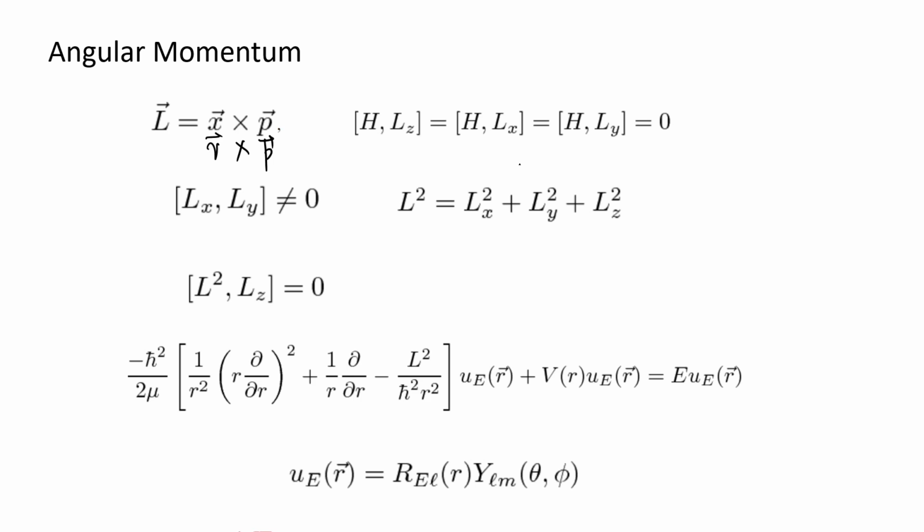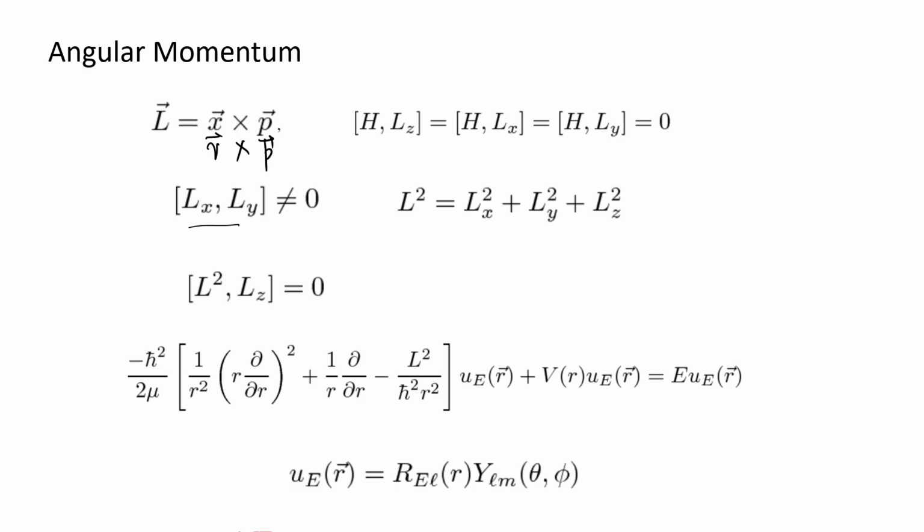But the problem is that the operators corresponding to each of these angular momentum components do not commute, and because they do not commute, you cannot find the eigenstates of H to be the same with all of them.